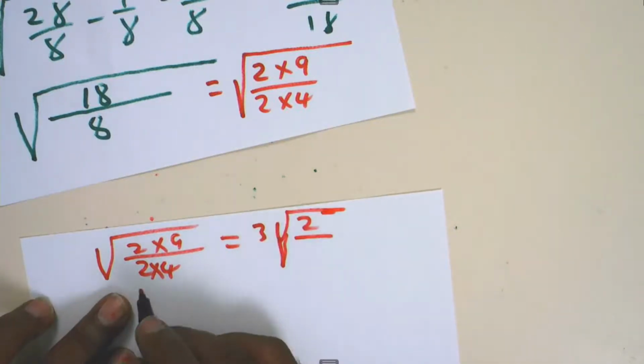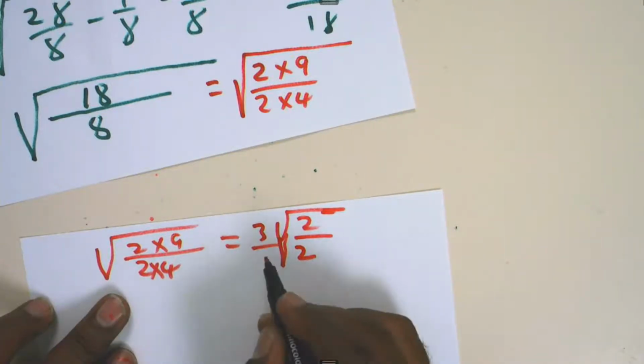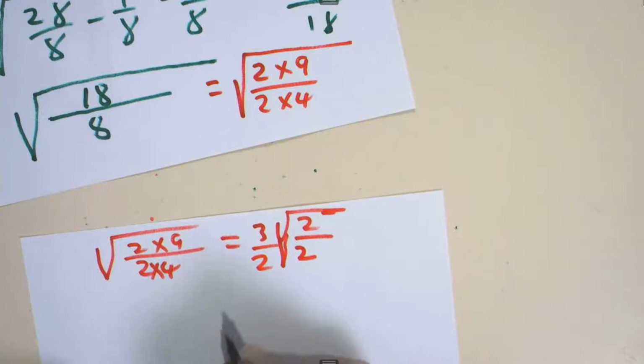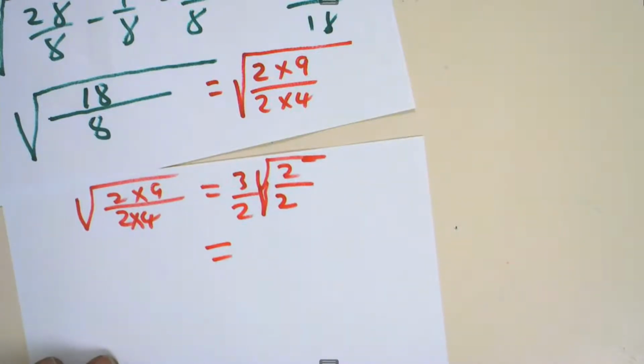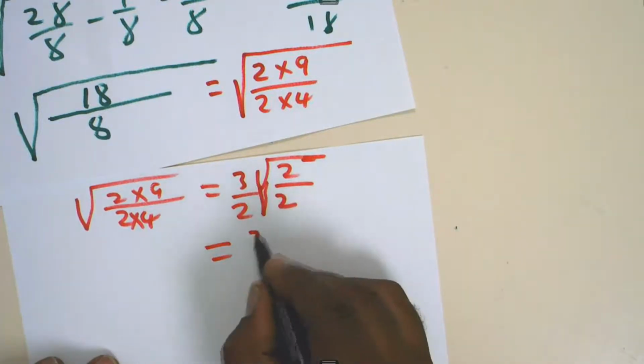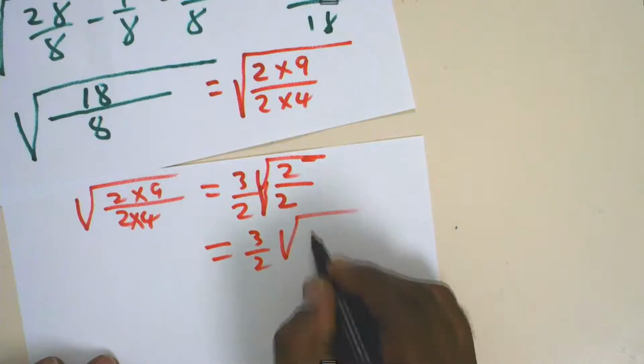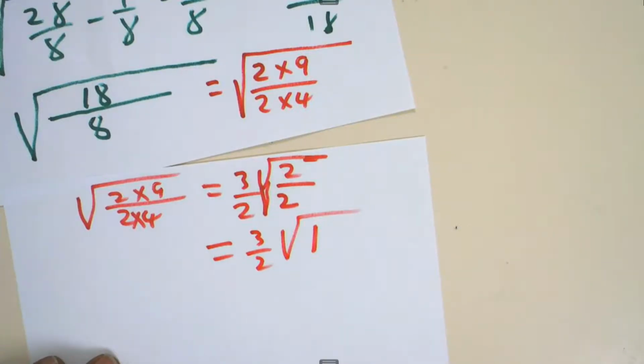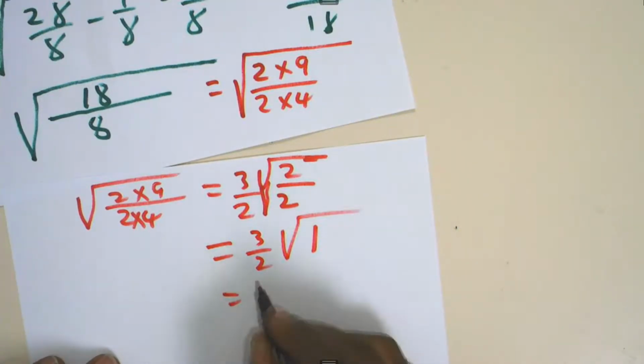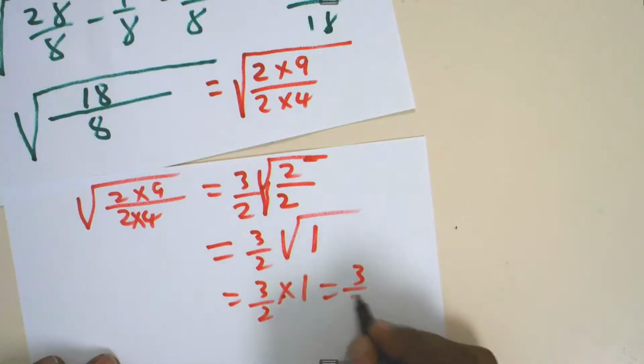It does not have a twin. We leave it inside. But what is square root of 4? It's a 2. Which gives you what? Inside the square sign is 2 over 2, which is a 1. And square root of 1 is 1, which is 3 over 2.